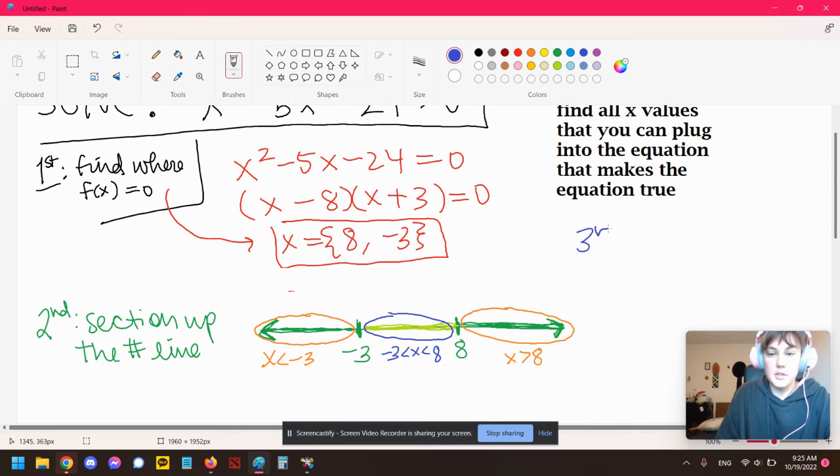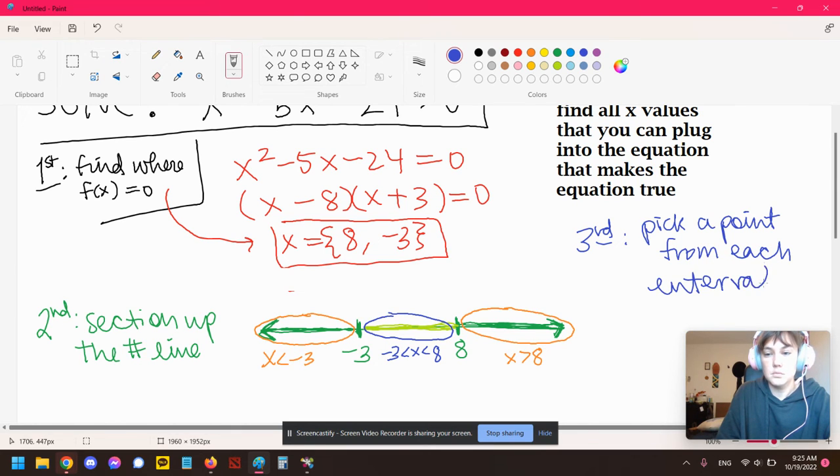And then my third step is I pick a point from each section, from each interval, and plug it into the original equation. So let's do that here.